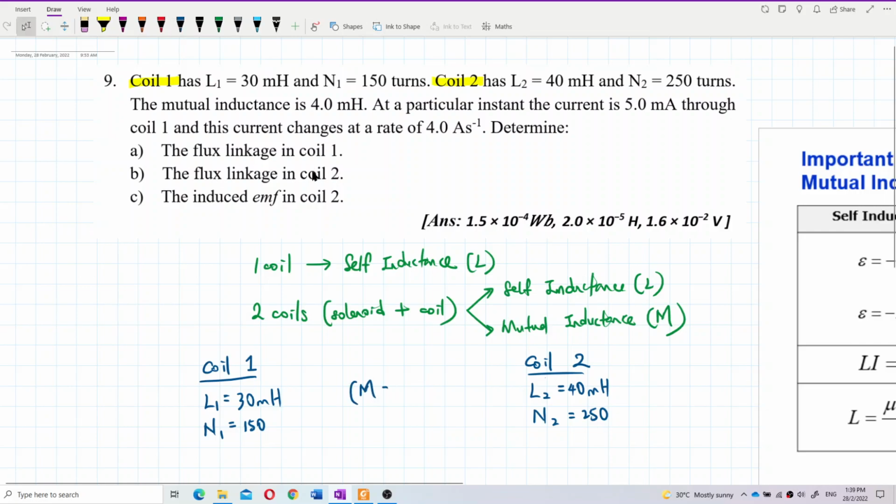The mutual inductance value given is 4 millihenry, which you also need to change to henry later on.